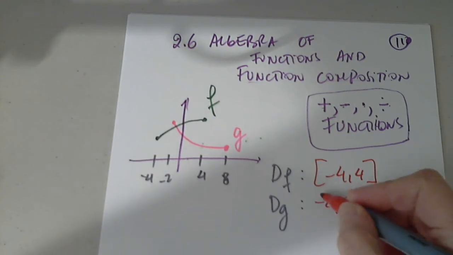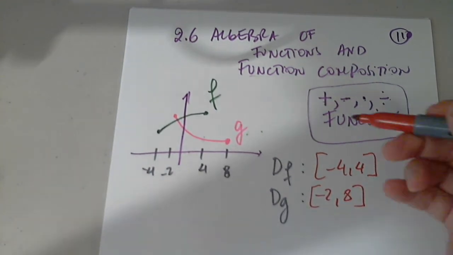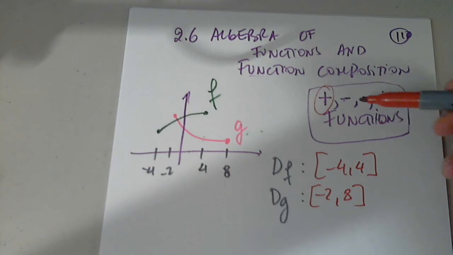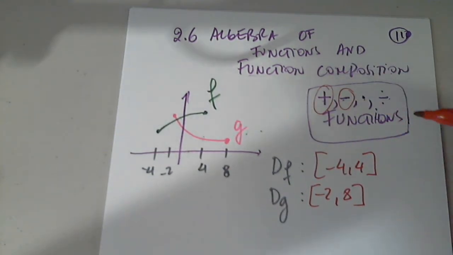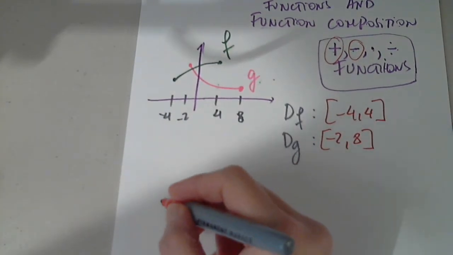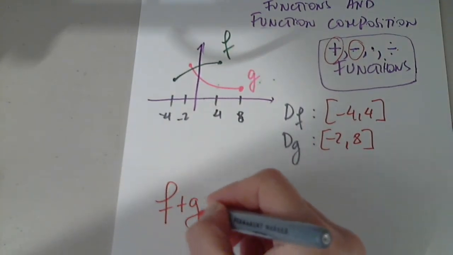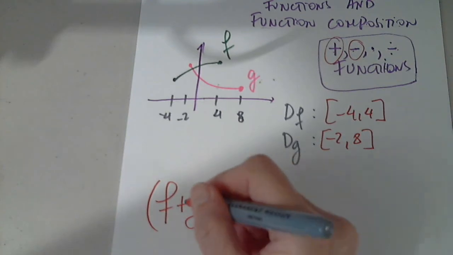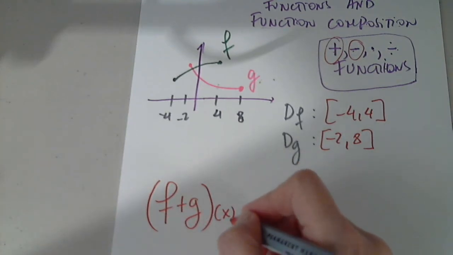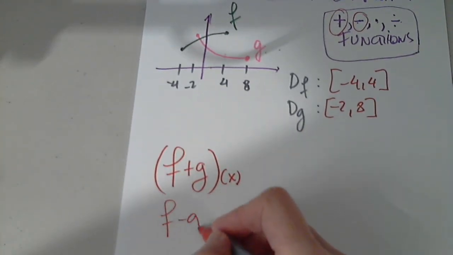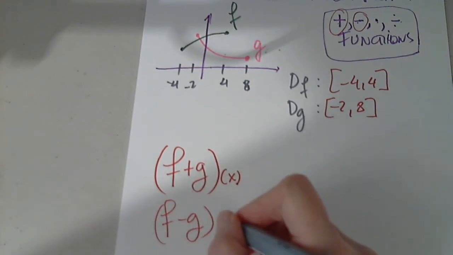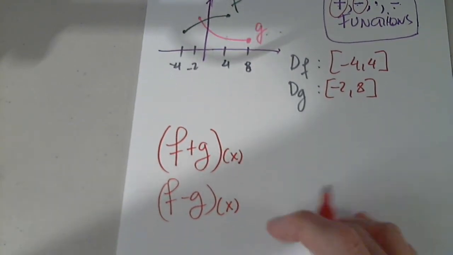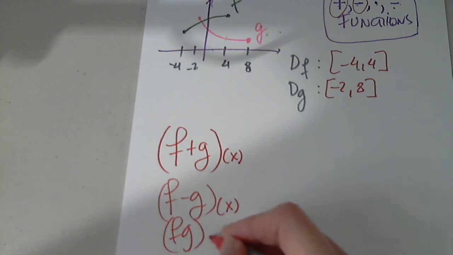Very good, awesome. So when I say create the function that adds these two functions or subtract these two functions, etc., this is what I really mean. And this is self-explanatory. This is the name of the function of x. f minus g, this is the name of the function of x. fg of x and f over g of x.